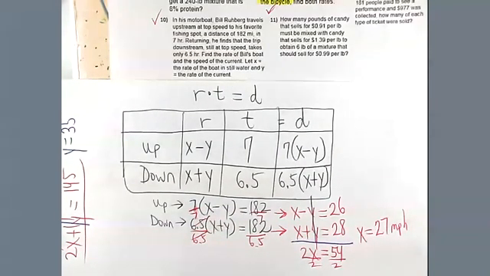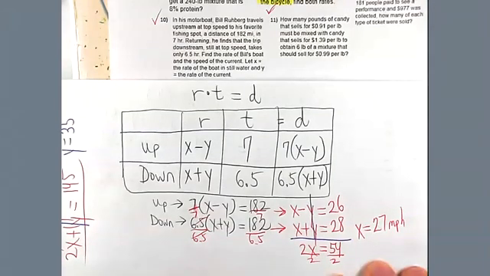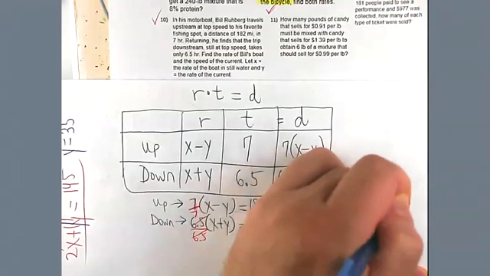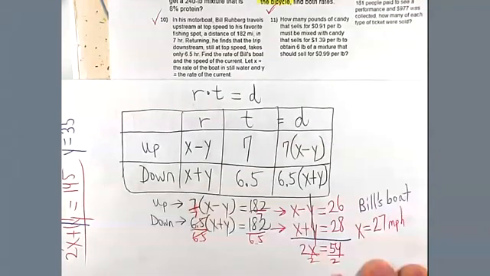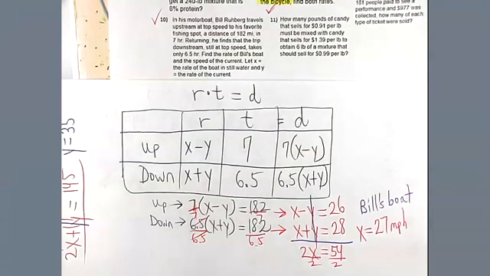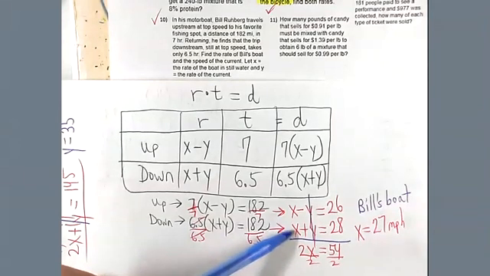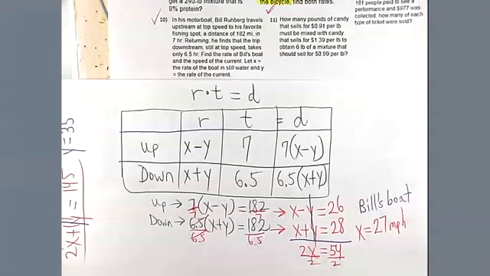According to our labeling, that is Bill's boat, his rate of speed. Now to find the rate of the current, you can pick one of these two equations in red. I'll just pick the second one randomly.